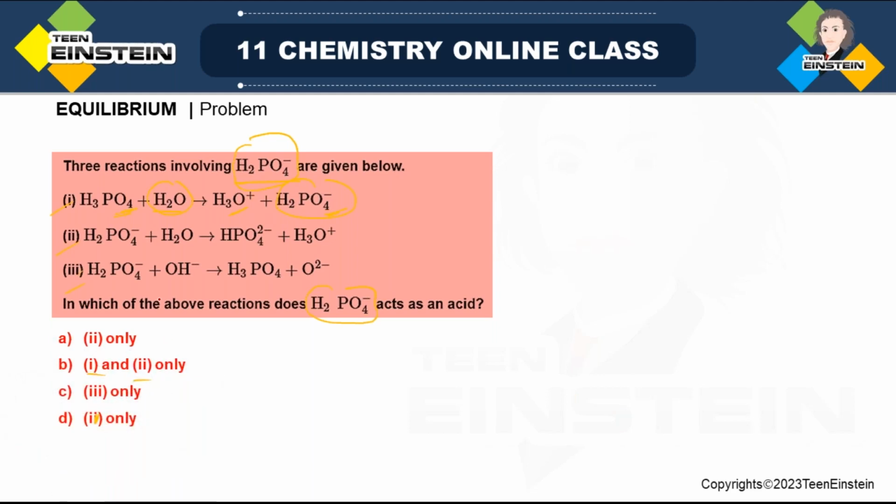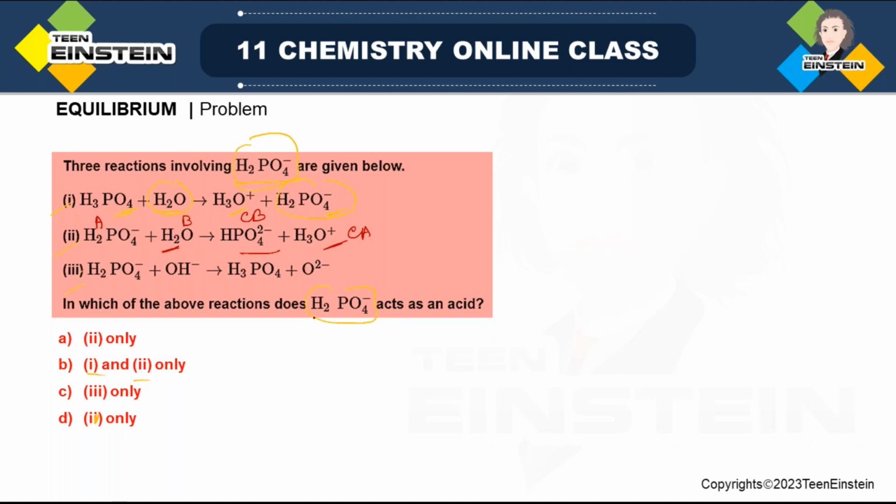Then the second example, H2PO4 minus is giving proton towards water, itself converted to HPO4 2 negative charge. So this is the conjugate base and this is the acid. This is base and H2O is accepting proton. So this is the corresponding conjugate acid of H2O. So here you can say H2PO4 minus is behaving as acid.